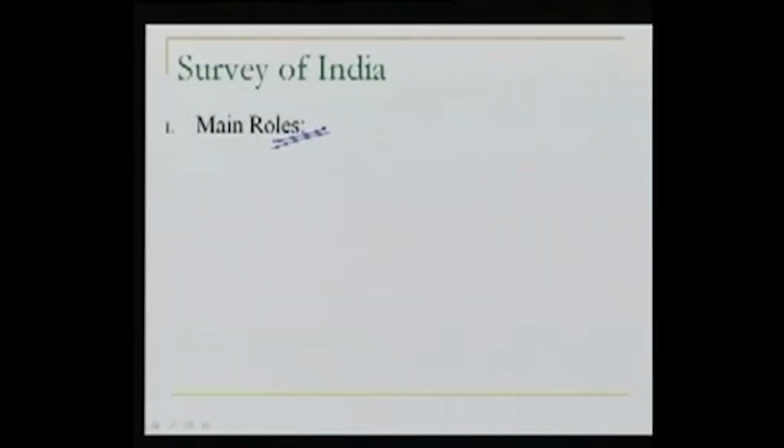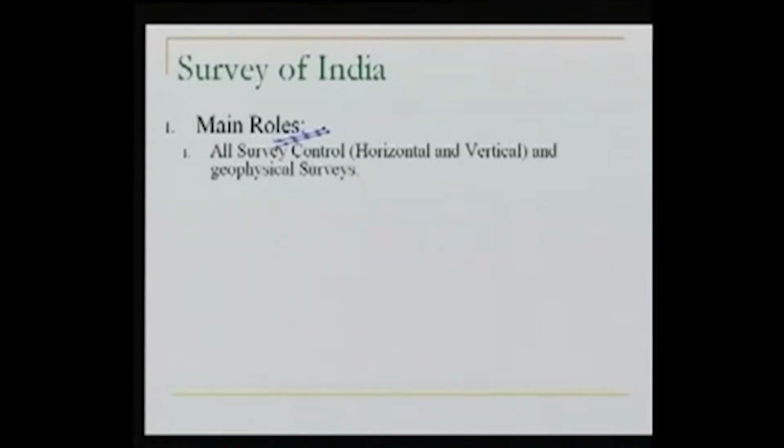The main roles which are there with Survey of India are, number one and very important one is, all survey control, horizontal and vertical, is to be done by Survey of India. So, we have already discussed this. What is the vertical control? What is the horizontal control? What is the geodetic control? And this control for our country is established by Survey of India.